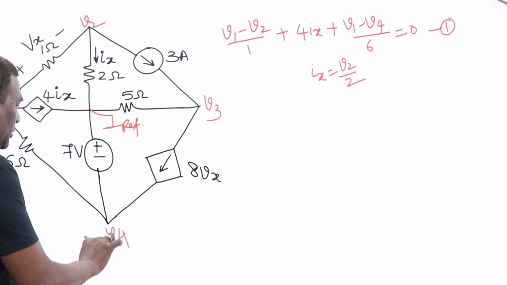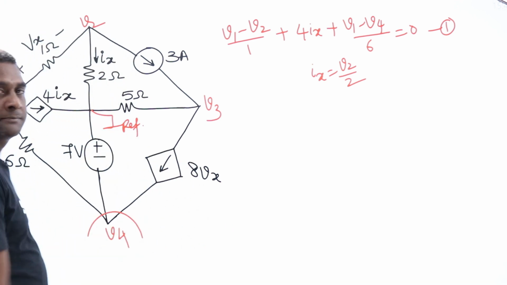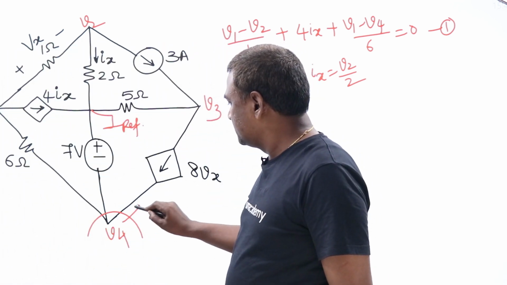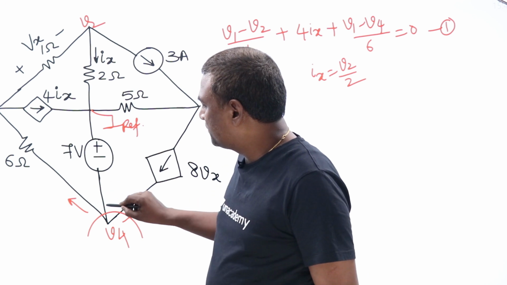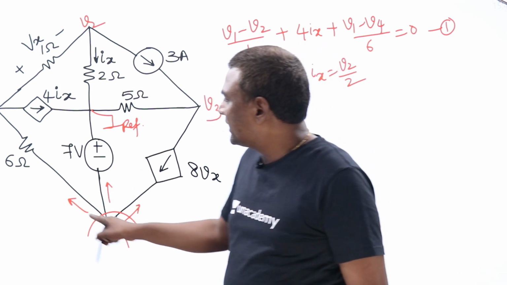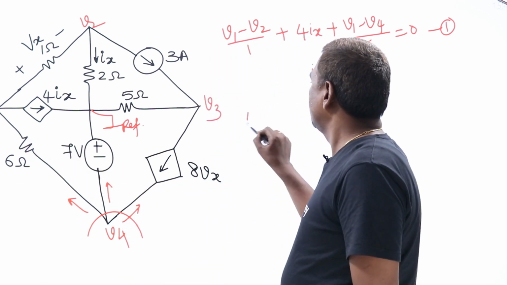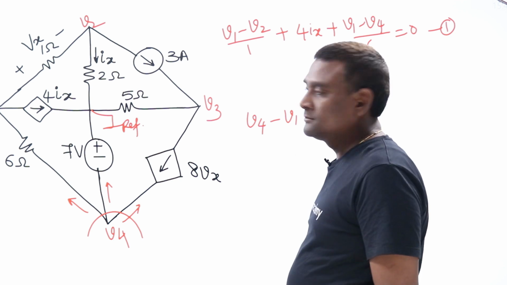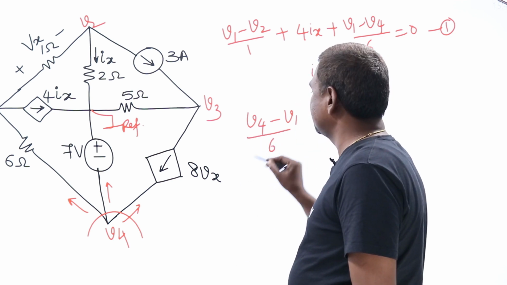Now, if I try to apply KCL here, current leaving through this plus current leaving through this plus current leaving through this should be 0. Current leaving through this is how much? (V4 minus V1)/6.